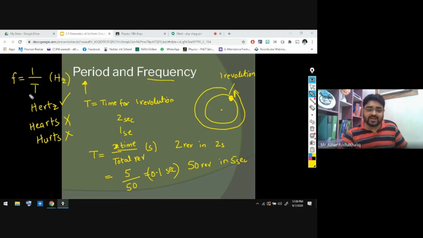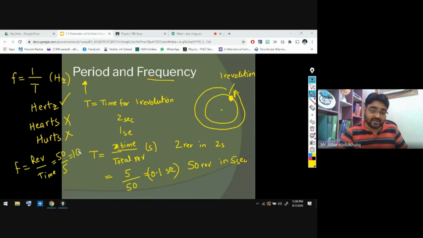Okay. If I ask you to find the frequency for the same object, 50 revolutions in 5 seconds, what will you do? You will do the opposite. You will write number of revolutions above, time down. So you will write 50 over 5.